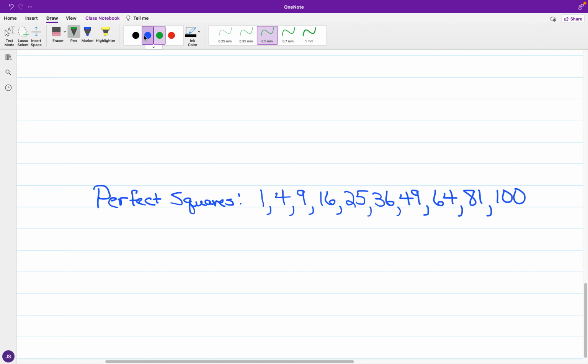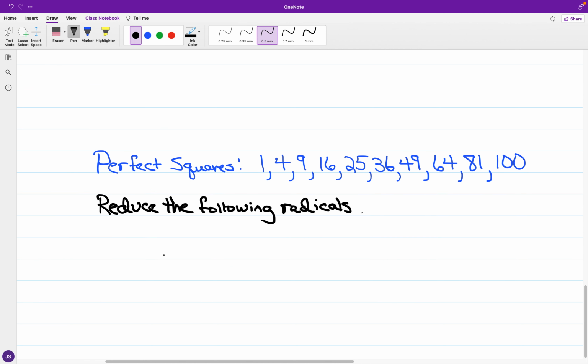If you were to reduce the following radicals, or express them as a reduced radical. And so we have a first case. Say we have something like the square root of 300.